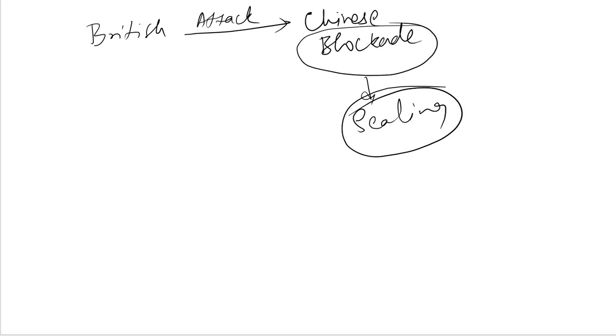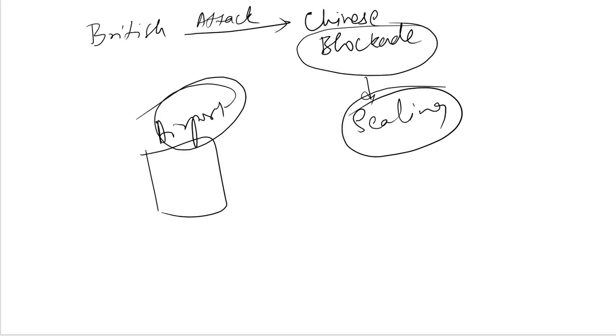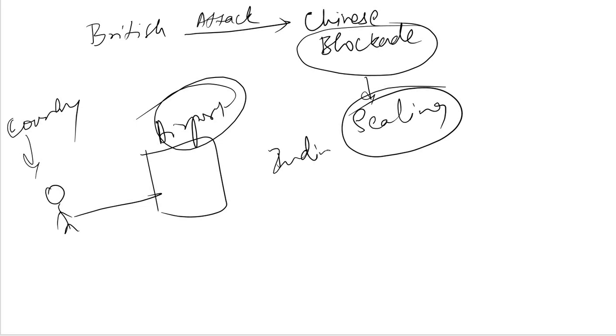What is a sealing place? Let's assume this is an airport. I have already taken this example. A person is coming from some other country and wants to enter India.